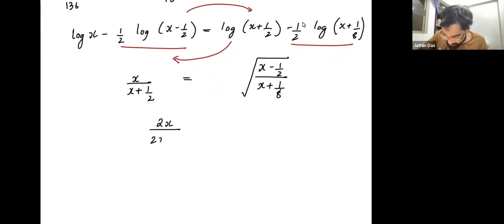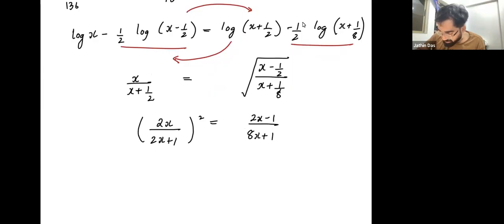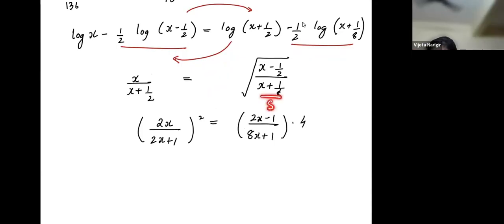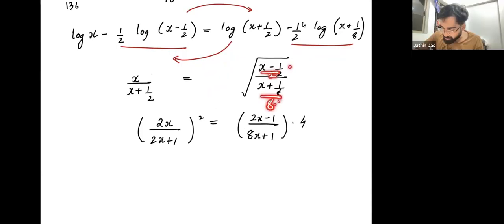2x by 2x plus 1 whole square is equal to 2x minus 1 by 8x plus 1. Here 8 will come up, so into 4 will come, correct, na? Here it will be 8, here it will be 2, so 8 will go up, yes 4, correct. Okay.